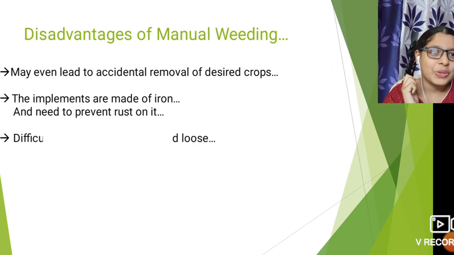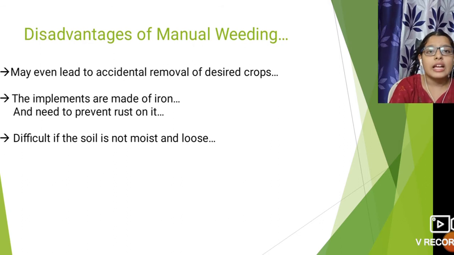Okay, so the third disadvantage is that it is difficult if the soil is not moist and loose. If the soil is not loose and moist, it is very difficult to remove the weeds from the soil.